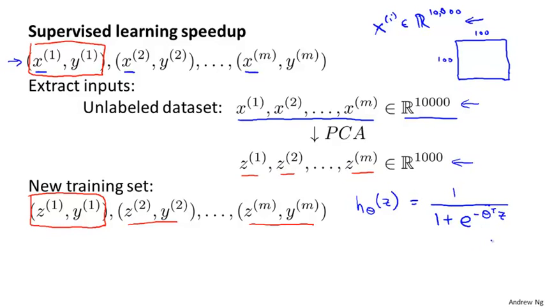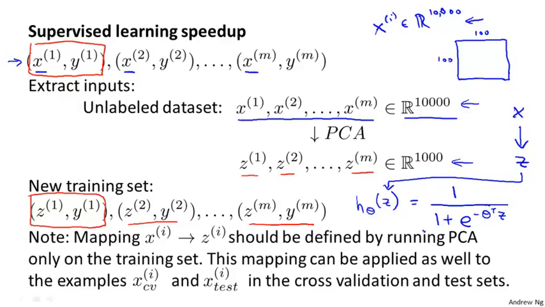And finally, if you have a new test example x, you would take your new test example x, map it through the same mapping that was found by PCA to get your corresponding z, and that z then gets fed to this hypothesis, and this hypothesis then makes a prediction on your input x.